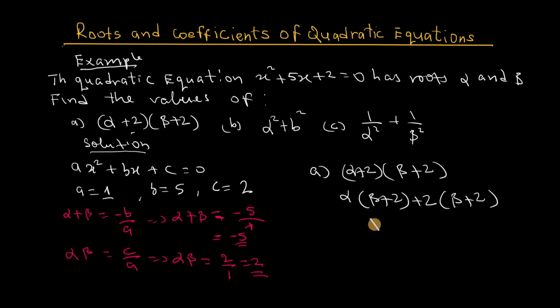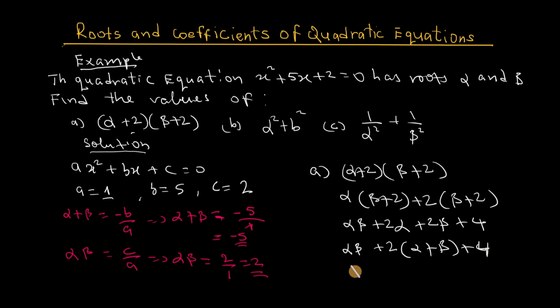Multiplying this out, I'm going to have alpha beta plus 2 alpha plus 2 beta plus 4. I need to arrange it to look like alpha beta, alpha plus beta. Here is alpha beta. Now I have 2 alpha plus 2 beta. I want to factorize out 2. I have alpha beta plus 2 times alpha plus beta plus 4. So I've gotten the expression in terms of alpha beta, alpha plus beta.